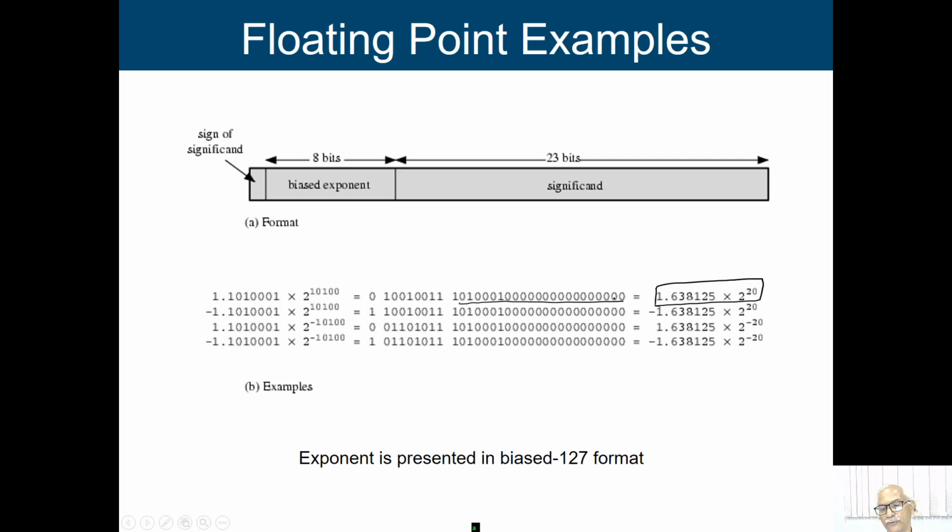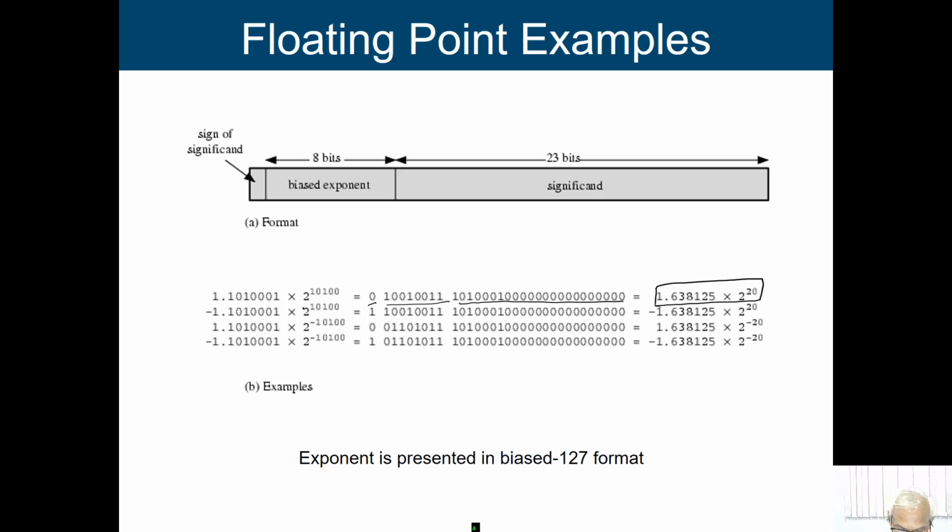You calculate it, and this is nothing but the exponent part. And this is the sign bit. That means if I am going to use 1.1010011, this is the thing that I am going to use.